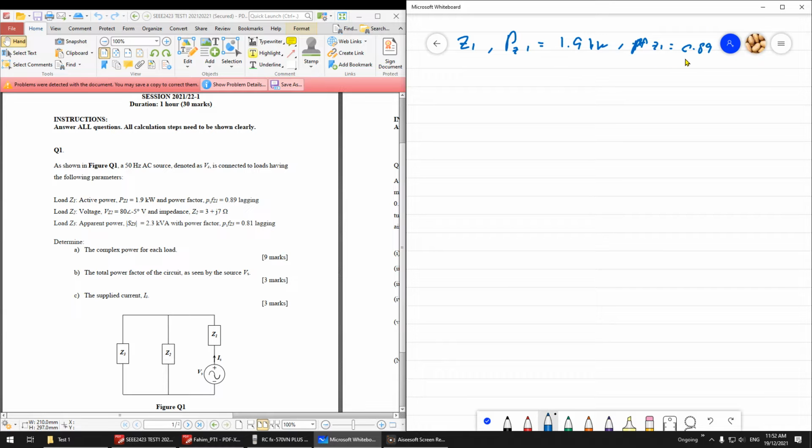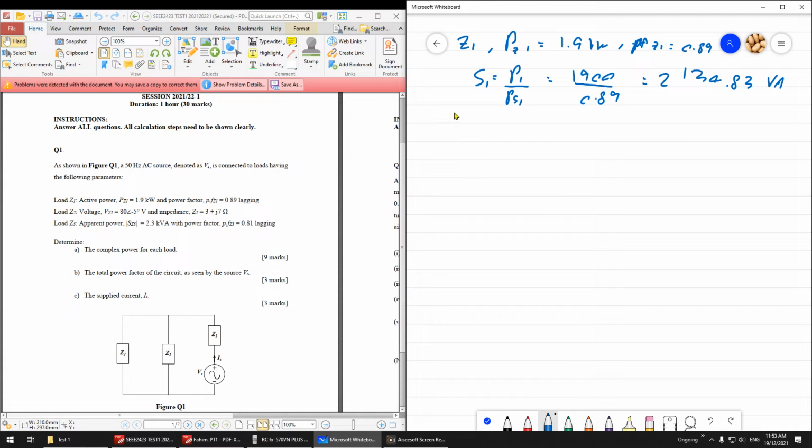So you have PF, you have P. For this case, I think the shortest way is to use S is equal to P divided by PF. So 1900 divided by 0.89 is equal to 2134.83 VA, which is the apparent power.